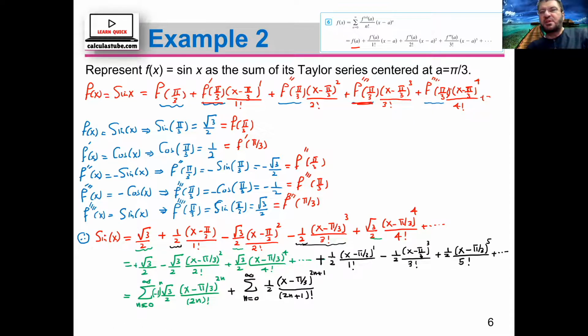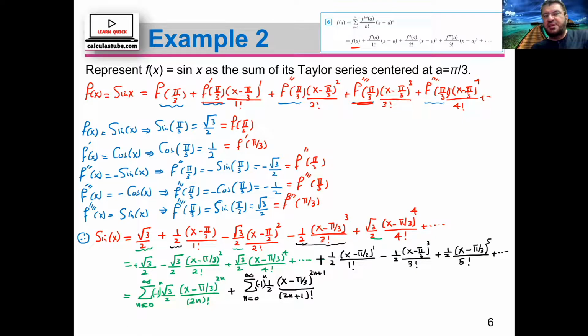Now, let's look at the terms. The first one is positive. So I'm going to start with minus 1 to the power n. Will the n work if I started with this? Yeah. And when I put n equals 0, what's the first term? It's going to be minus 1 to the 0, which is positive, and this is good because the first term is positive. Put 1 will be negative, and this will make it work for the presentation.